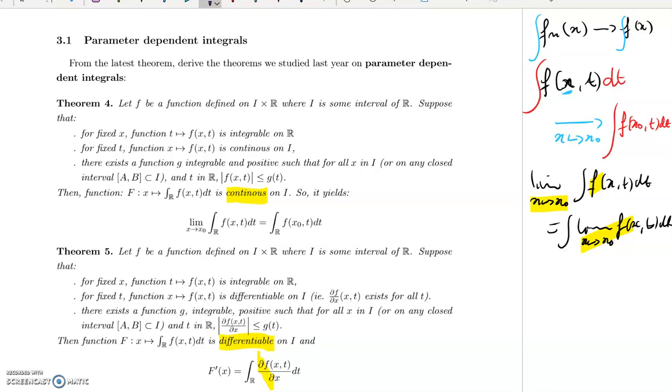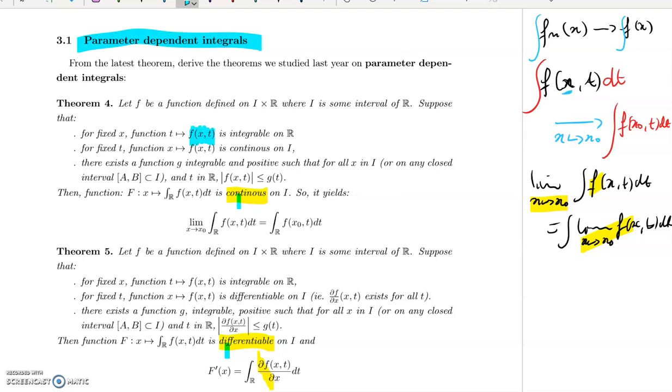So let's go for these parameter-dependent integrals. As I said, two theorems, one about continuity, one about differentiability. The first thing that should be clear is that we're going to have a function of two variables, f of xt.